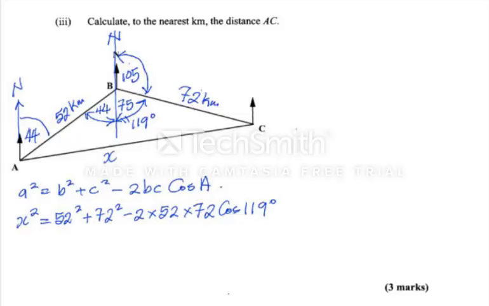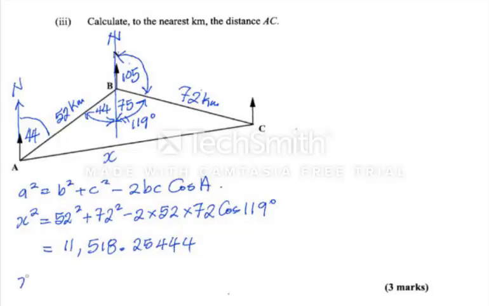Now, if you put all this information in your calculator, you're going to get that x squared is equal to 11,518.25444. Now, what we're interested in finding is x.